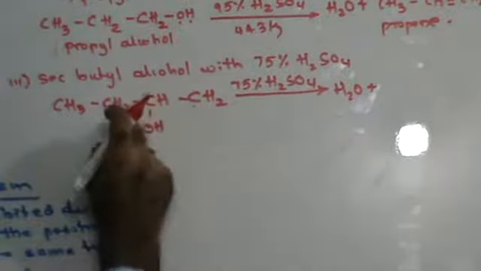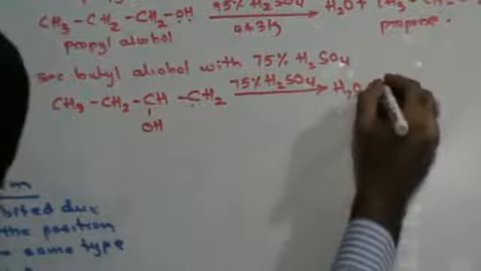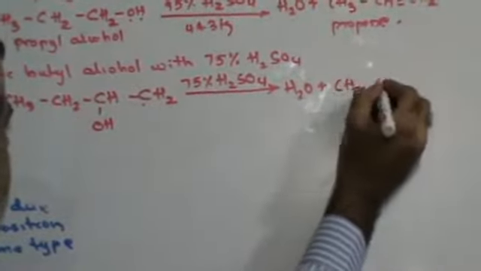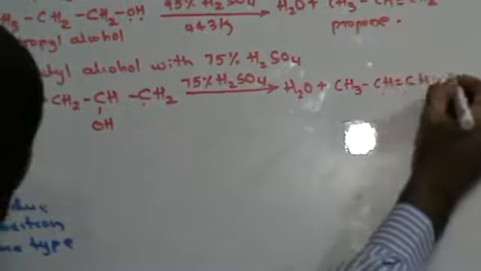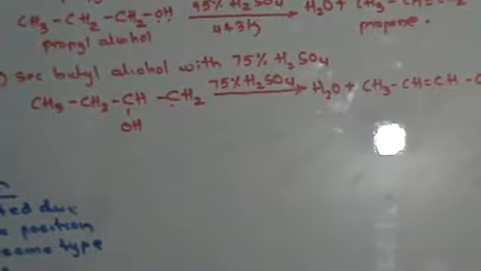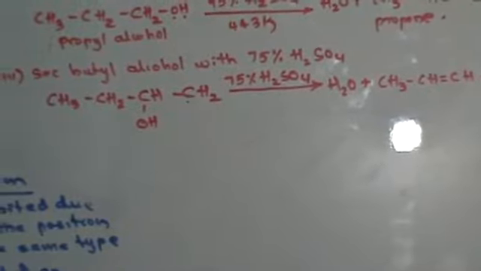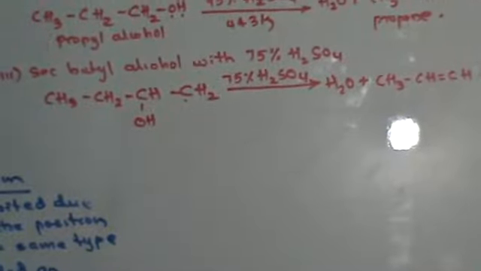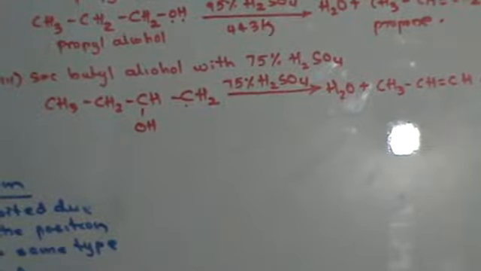Here your hydrogen is going to be removed from the carbon adjacent to the one carrying less number of hydrogens. So in that case this is going to be CH3CH=CHCH3. So how have I applied Saytzeff's rule? I have applied it by saying that the hydrogen atom is removed from the adjacent carbon atom carrying less number of hydrogen atoms. Do we get this clear?